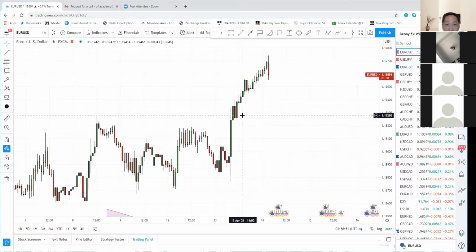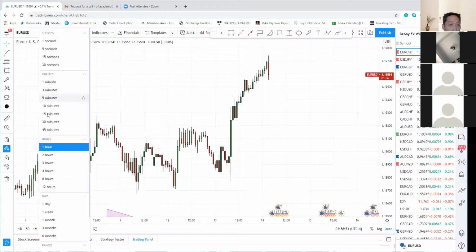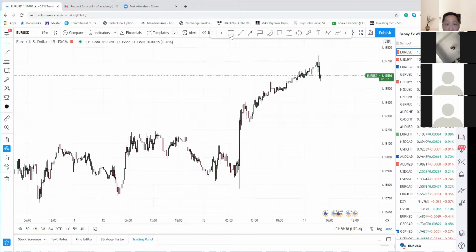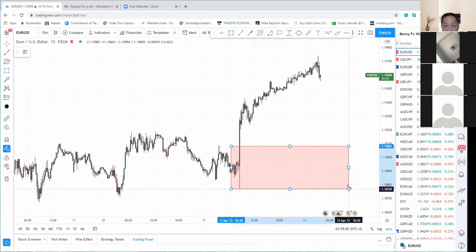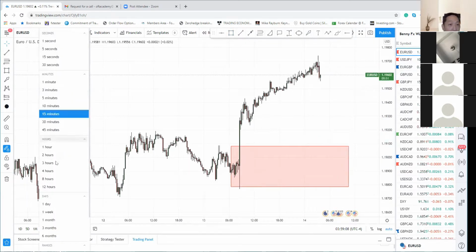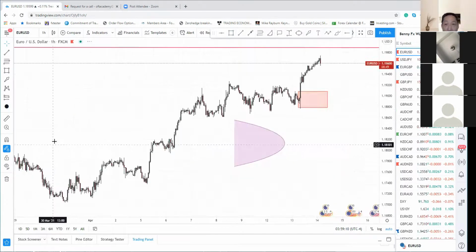This needs to be filled. So I was looking to go long somewhere around where the gaps have to be filled. I'm waiting for that to be filled, so to go long, in the higher time frame, like 1 hour.